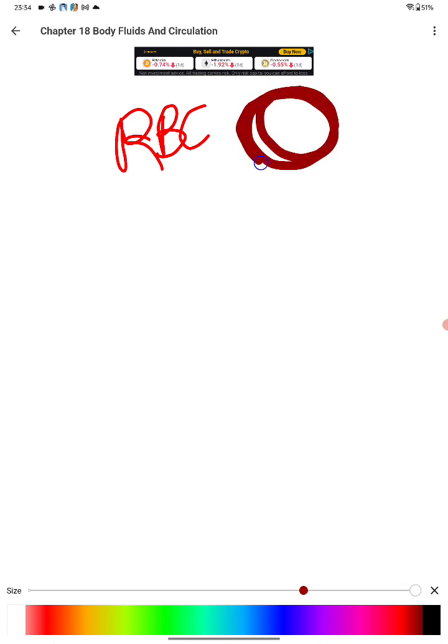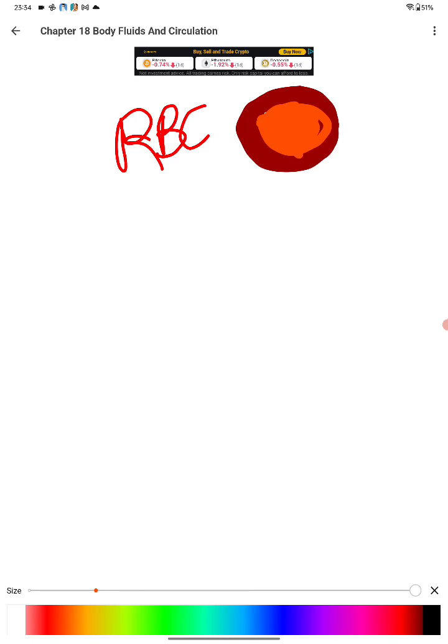Let's talk about the RBC. RBCs are what? Biconcave in shape. What is the shape of the RBC? Biconcave. Biconcave means at the periphery they are thick, and at the center they are thin. So this is the shape of the RBC.